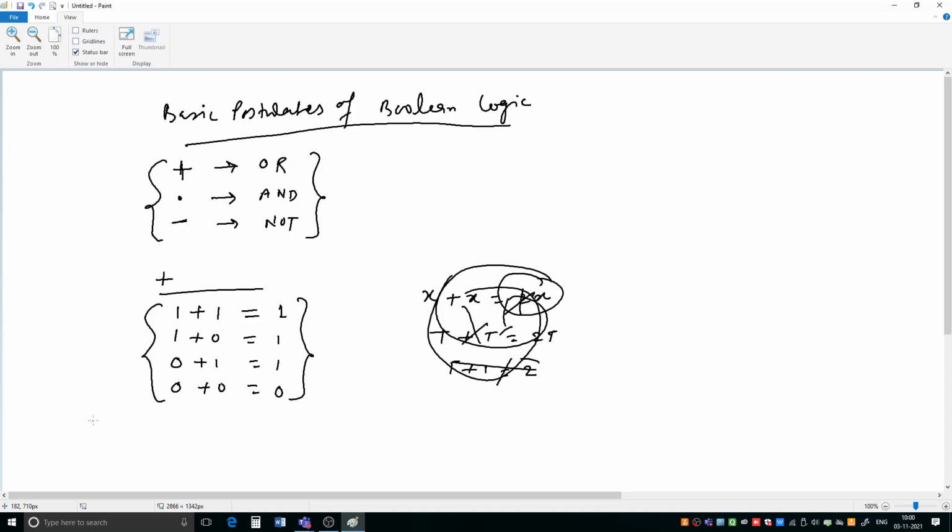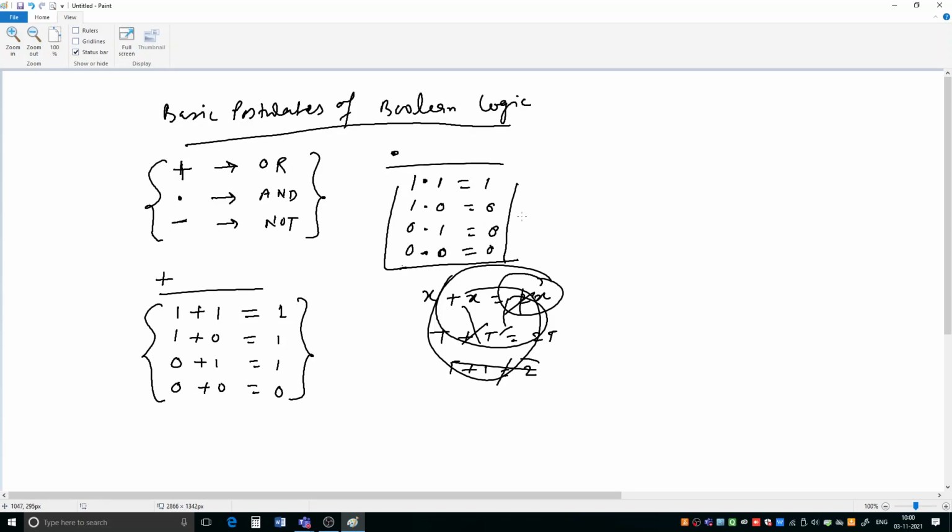Next we have to see the dot. Here 1 dot 1 is equal to 1, 1 dot 0 is equal to 0, 0 dot 1 is equal to 0, and 0 dot 0 is equal to 0. It is the same as in our usual algebra.